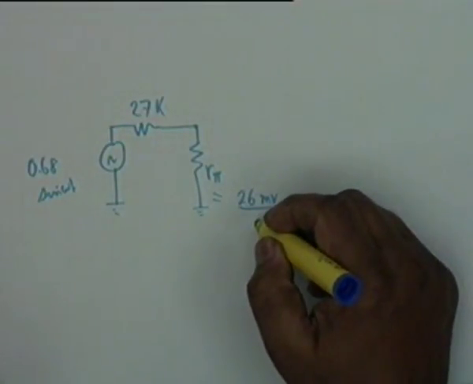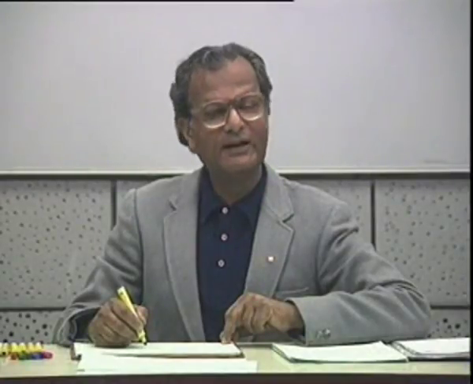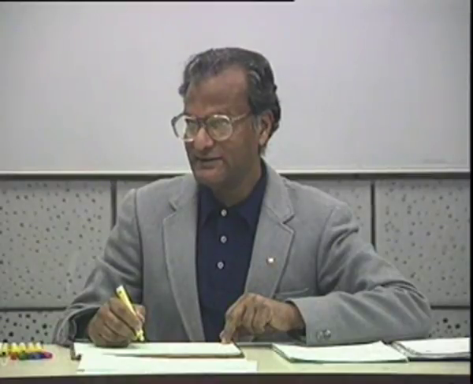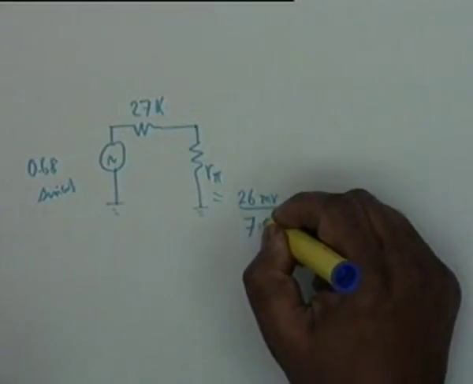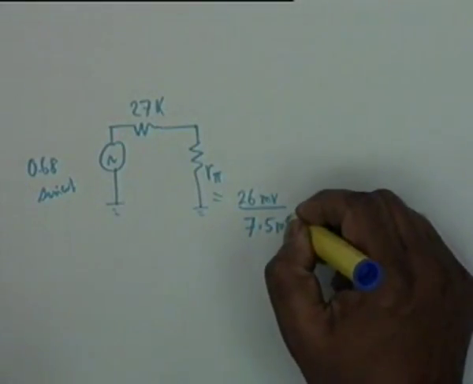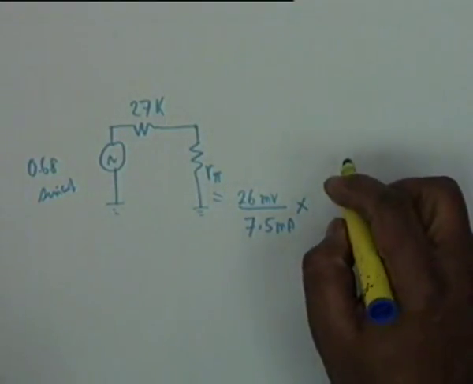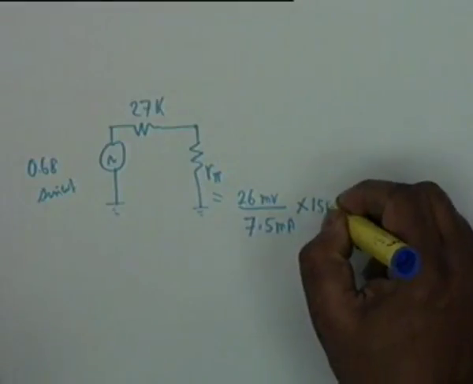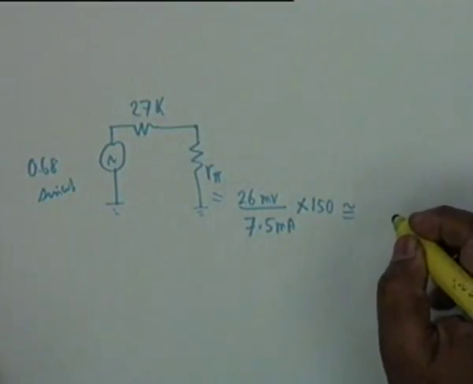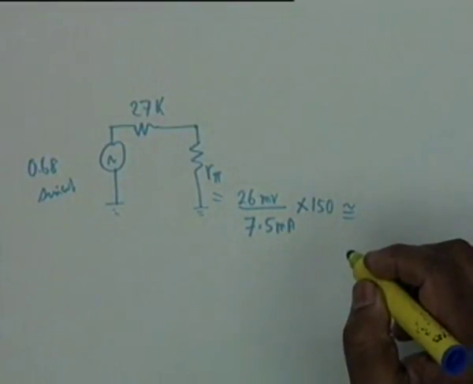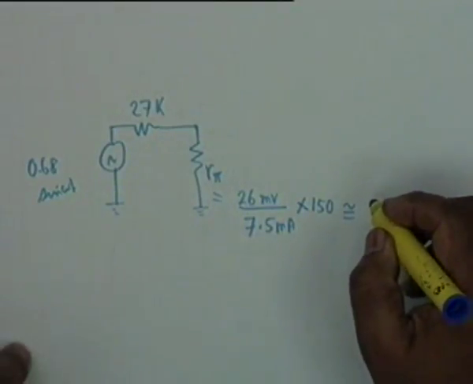IE. Okay, how much is IE? IE is approximately equal to IC, right? And therefore we take 7.5 milliampere, then this must be multiplied by beta, which is 150, and this is approximately equal to 520 ohms.